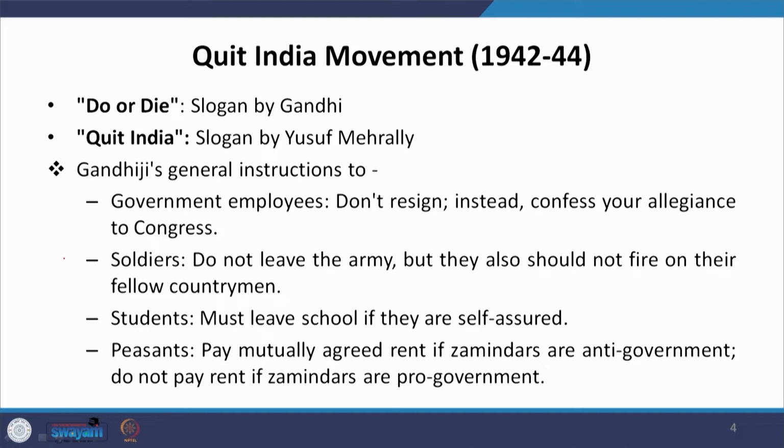And for the students, M.K. Gandhi said that they must leave school if they are sure about it, if they are self-assured. And to the peasants, M.K. Gandhi said that they should pay mutually agreed rent if the zamindars were anti-government, and the peasants should not pay any rent if the zamindars were found to be pro-government, right.